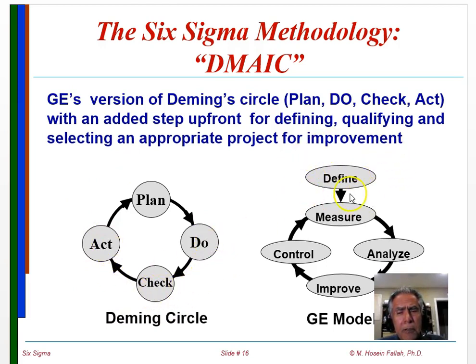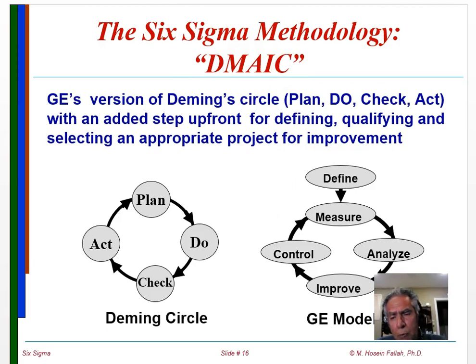So General Electric took it and added a front-end phase or step to the process, calling it define, and then going to measure, analyze, improve, and control. And just as Six Sigma was standardized at Motorola, the methodology for applying Six Sigma was also standardized by GE, and this is now used globally when people talk about Six Sigma methodology, DMAIC.